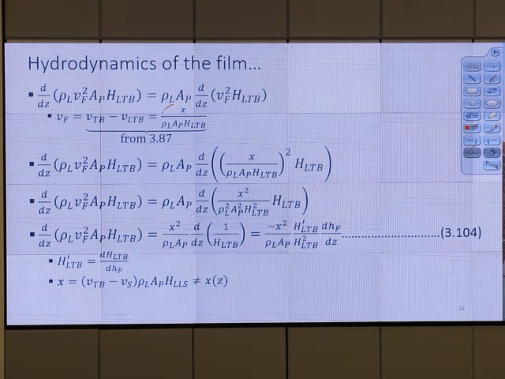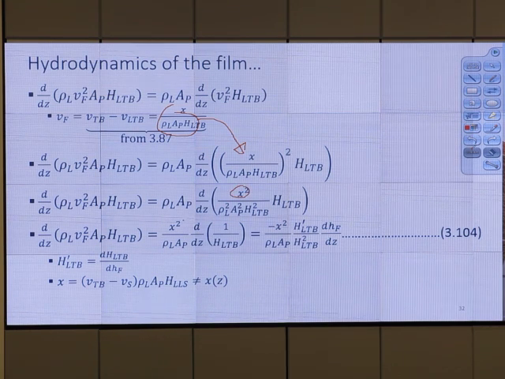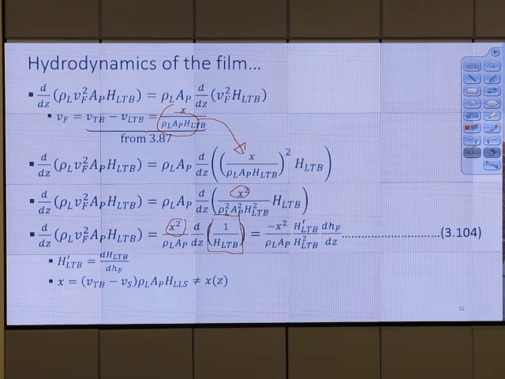This term is Vf, right? I put it there. Okay. I take the derivative. X squared is here. X is not a function of z. I take it out. So this term comes out. Right? Rho comes out. AP comes out. So I have d by dz of 1 over HLTB. The derivative of 1 over HLTB is HLTB prime divided by HLTB squared. Make sense? Does it not make sense?